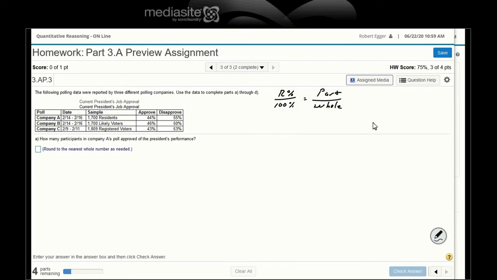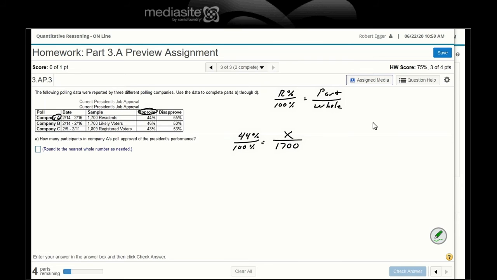So let's see, how many participants in company A's poll approve of the president's performance? Okay, so 44% approve. What is 44% of 1,700? Here's our setup.